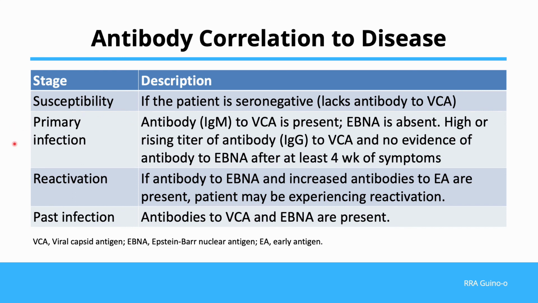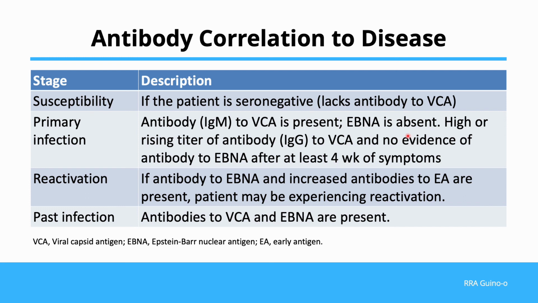Next, we can tell if the patient has a primary infection if we detect antibodies towards VCA or the viral capsid antigen. Specifically, the first antibody to be detected is the IgM, which is a primary response antibody. This means that IgMs are the first type of antibody to be produced during an infection.